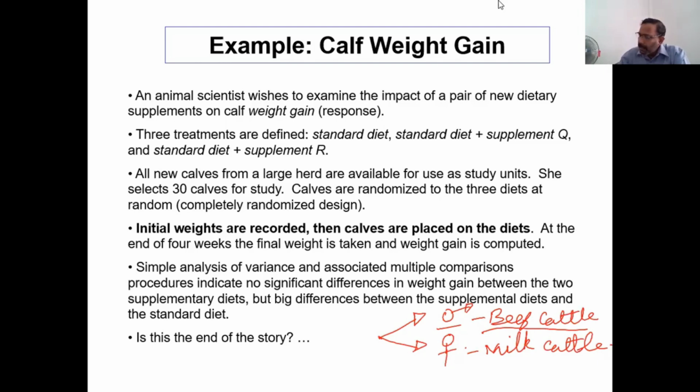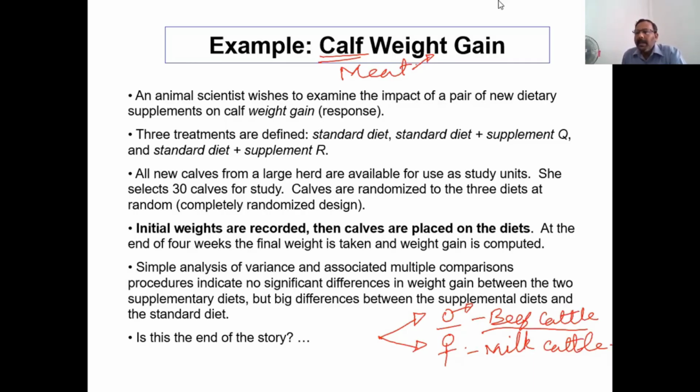So this is a story about meat production. In meat production only, we are worried about the weight. In milk production, we are not worried about the weight. If we are maintaining a cow for milk production, what is our ultimate objective?